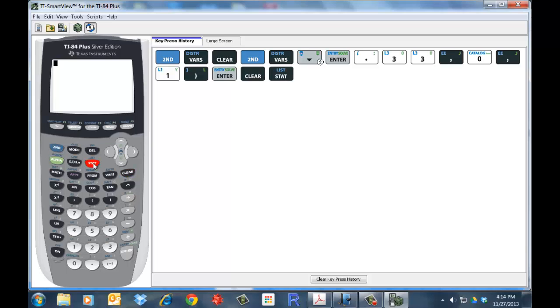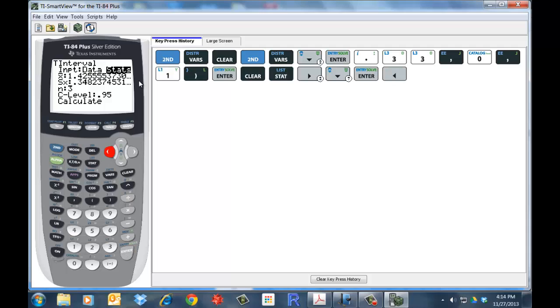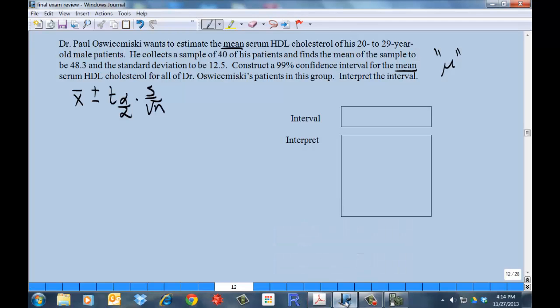I'm going to go to stat, then over to test, and scroll down until we find T interval. Now you can choose from data or stats, and this question gives us the summary stats. So let's plug in the sample mean.